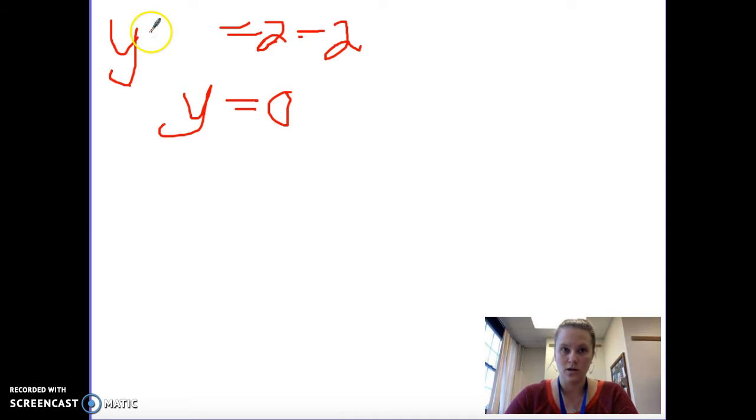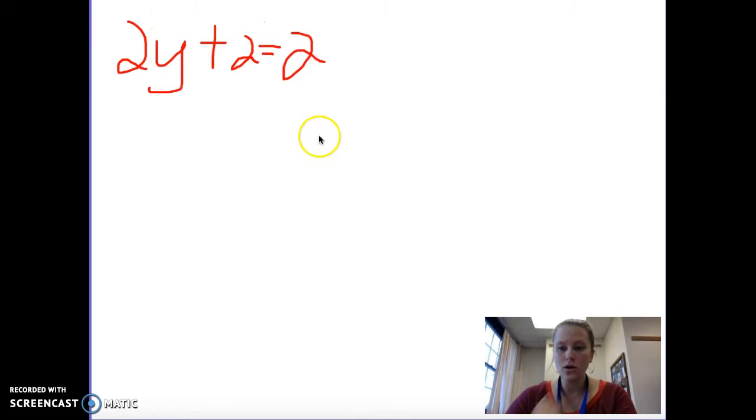Now that was relatively easy, okay? So I'm going to do another harder one. Okay, so this is going to be a little bit harder. But we're going to do the same thing. We're going to go step by step. So I want to get y on one side, and in order to do that, I have to move some numbers over. Okay, so we already know that I have to move this 2 over.